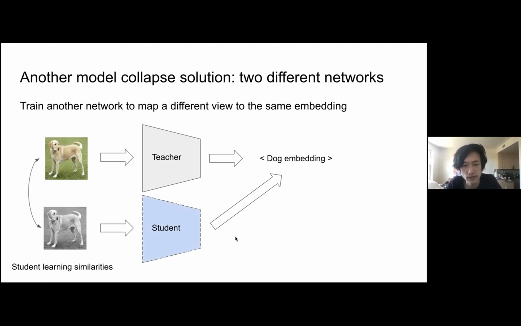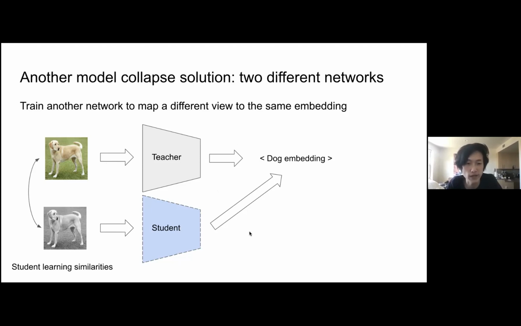And I'm just realizing now that the student never actually sees this, so it's still kind of weird to me why this works. But with some hand waving, we can say that the student is learning the similarities between this dog and this other dog, which are the same dog, even if the embedding output is going somewhere that is not representative of the core notion of a dog at all.